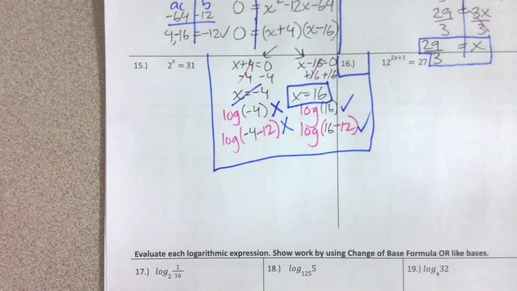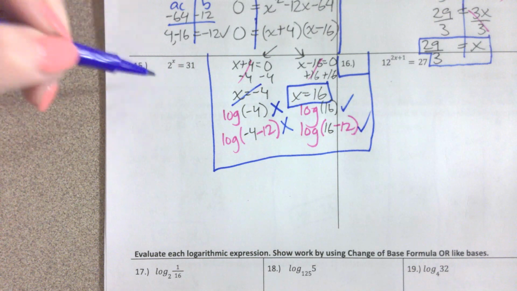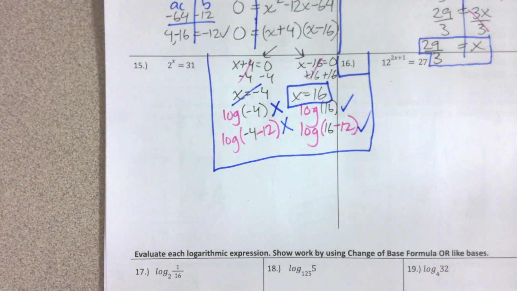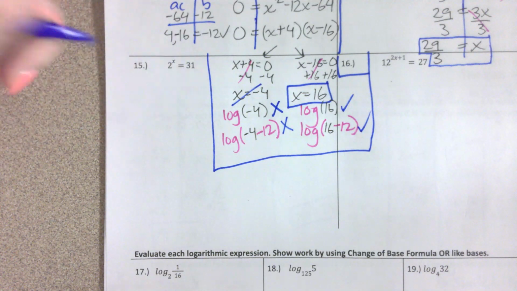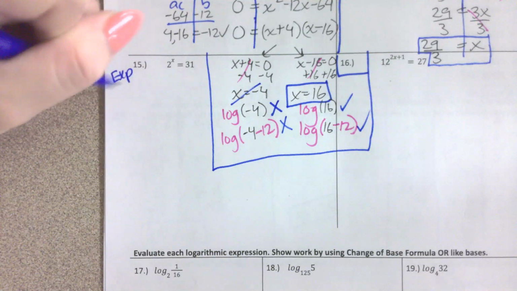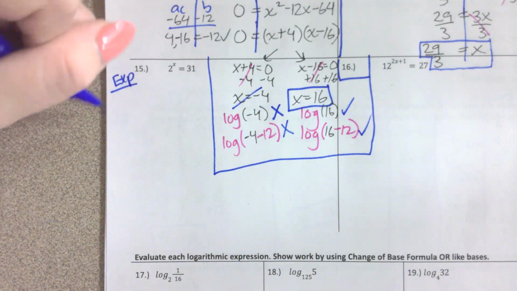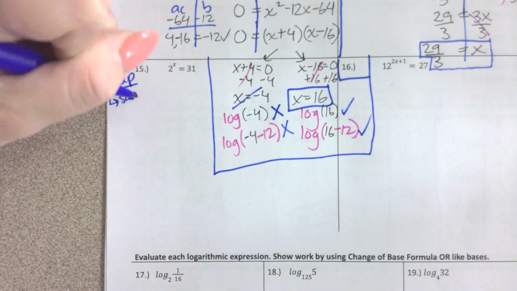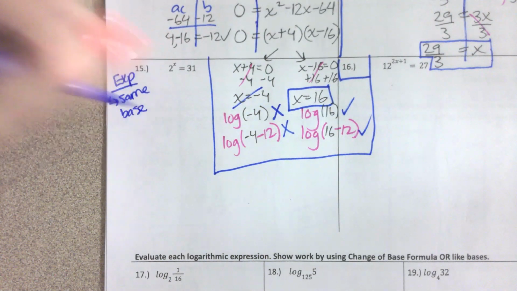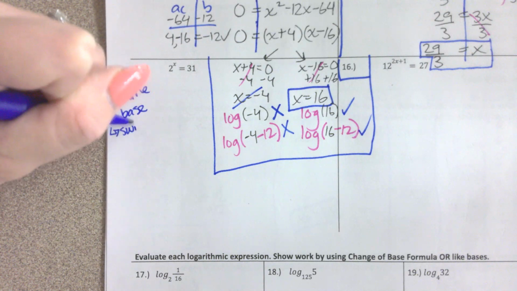And they are quick. So 15, 2 to the x equals 31. So we don't have any logs. This is exponential form. And we talked about these on the front a while ago. It's been a minute. So you have your two options. You can either get the same base and solve, or you can switch the form.